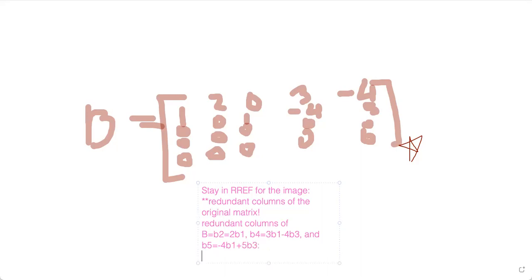I'm going to highlight this because it'll become important. Here are our redundant columns, but they're the reduced row echelon form redundant columns.